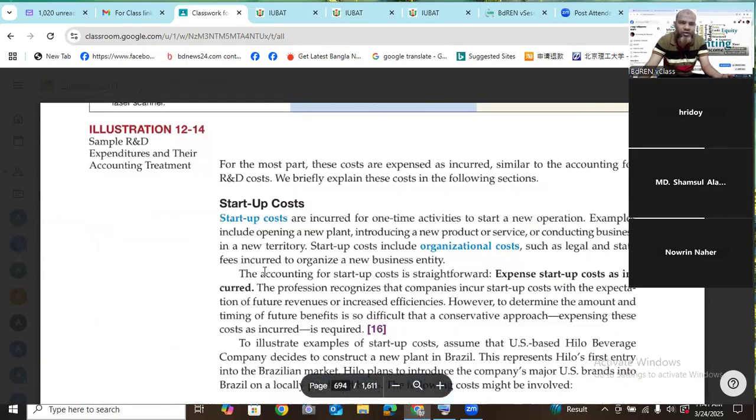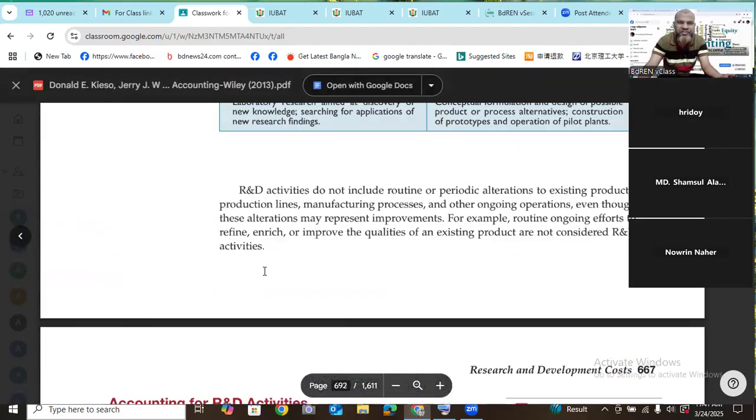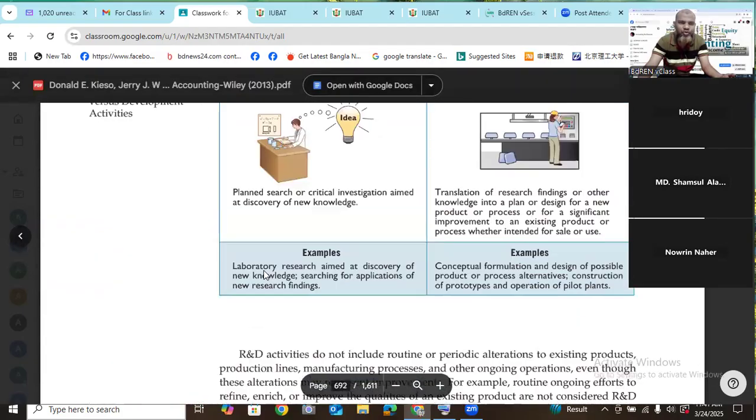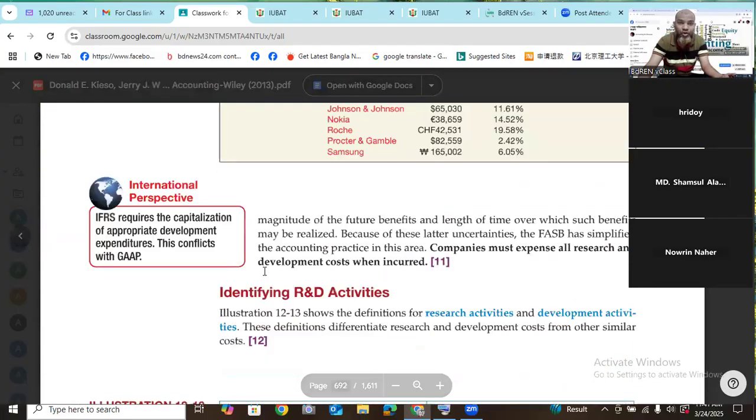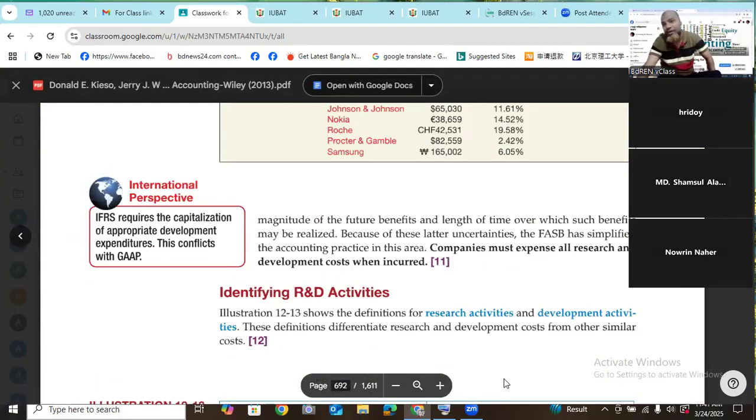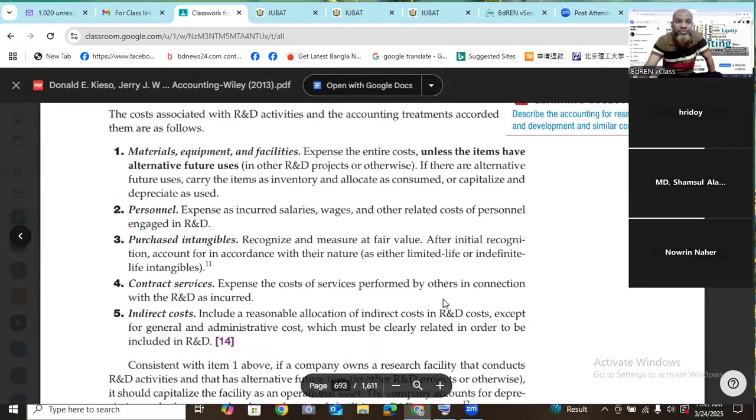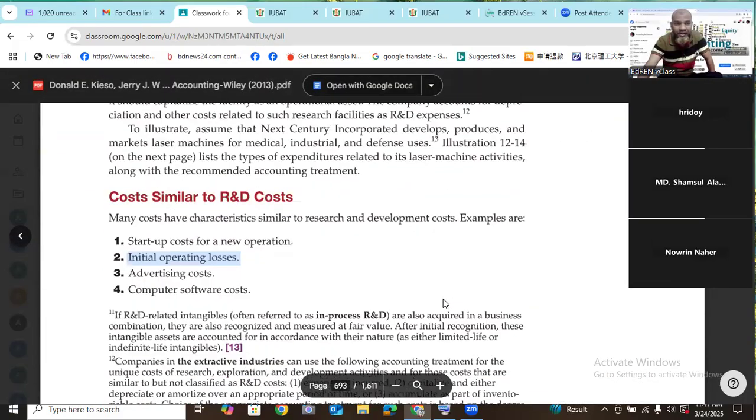This is all about the theoretical part of this chapter. Though research and development is not an intangible, it is also important for accountants to know how to treat these research and development activities.